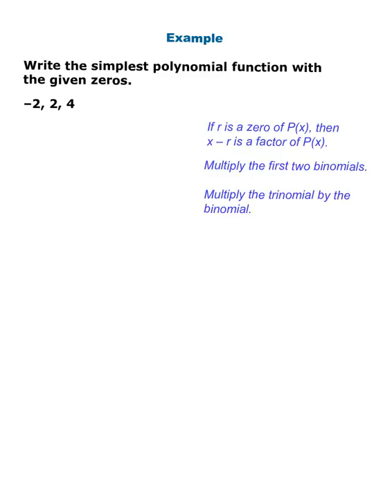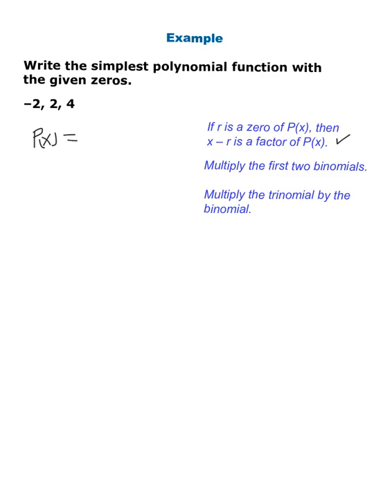Okay, so here, write the simplest polynomial function with the given zeros. So how are we going to do that? I'm going to write p of x. Remember, I'm using this first step. It says that x minus r is a factor of p of x.